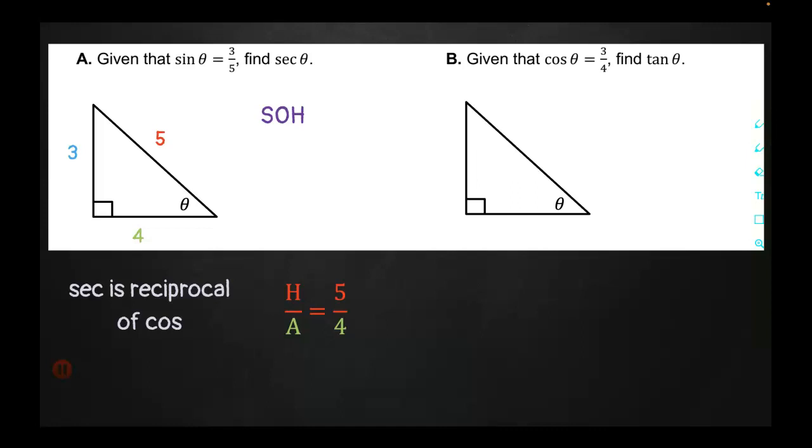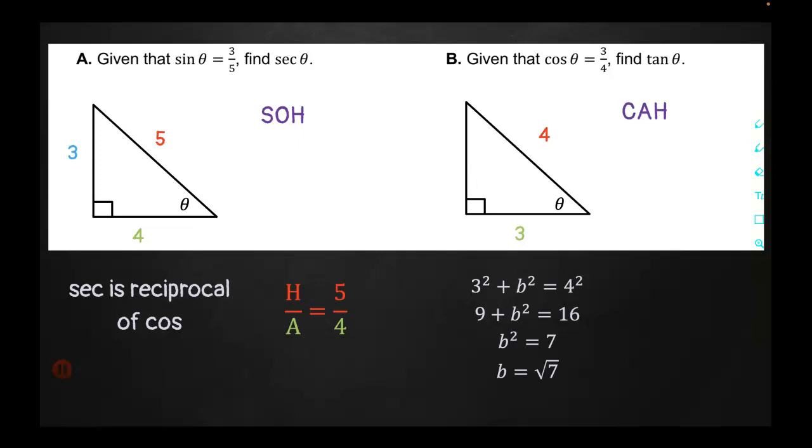Now in our second triangle, we know cosine is adjacent over hypotenuse, so I could label my triangle with an adjacent of 3 and a hypotenuse of 4. Now, this is not the same as a 3, 4, 5 triangle because in a 3, 4, 5 triangle, the hypotenuse should be the longest side, which it's not. So you will have to use the Pythagorean theorem to find your missing side.